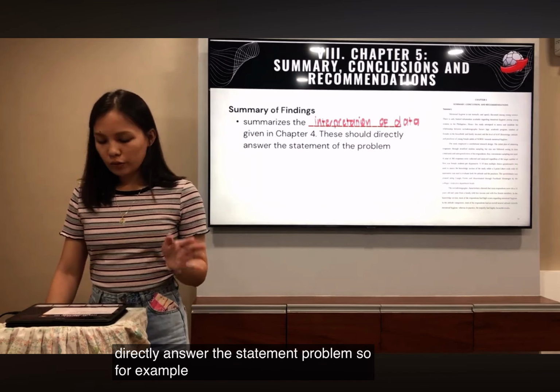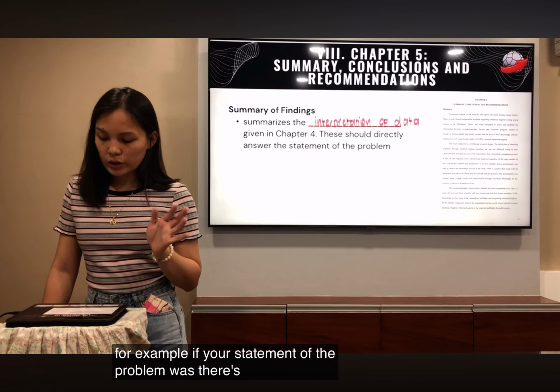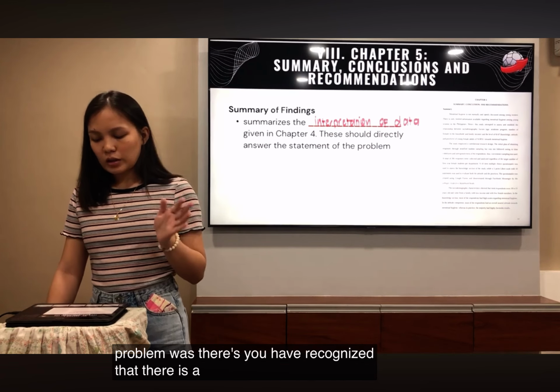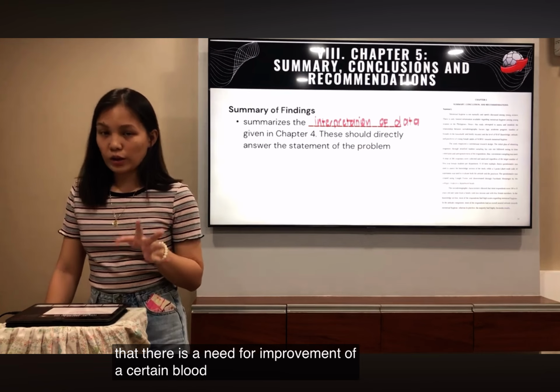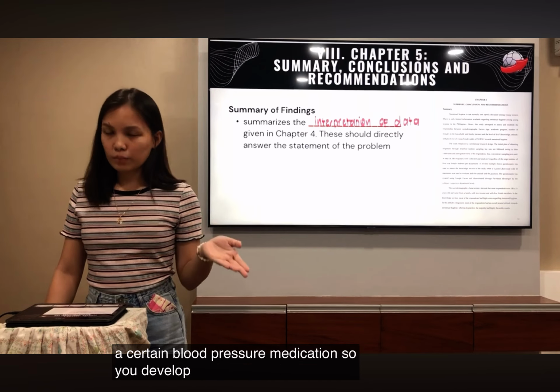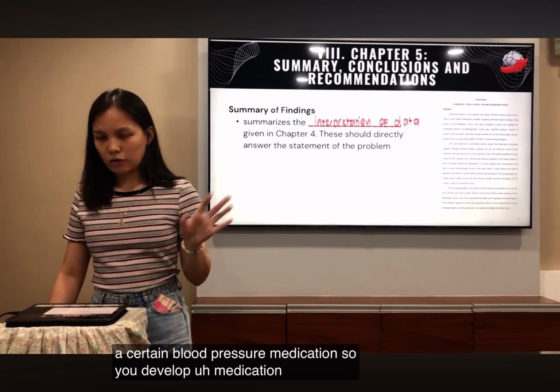So for example, if your statement of the problem was you have recognized that there is a need for improvement of a certain blood pressure medication, so you develop medication X, for example.